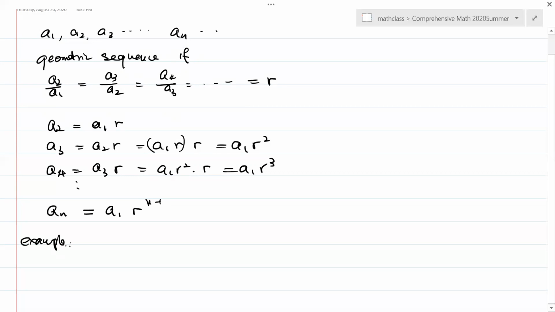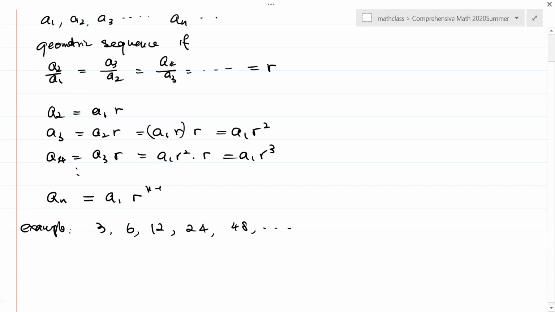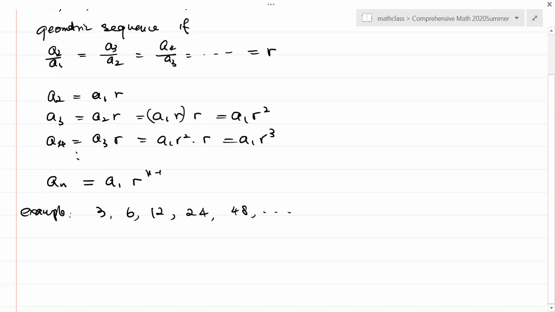Some examples. For example, you have a sequence of 3, 6, 12, 24, and 48. This is a geometric sequence. The reason is the ratio: it's always double, double, double. The first term is 3. So how can we find the general term? A1 equals 3.